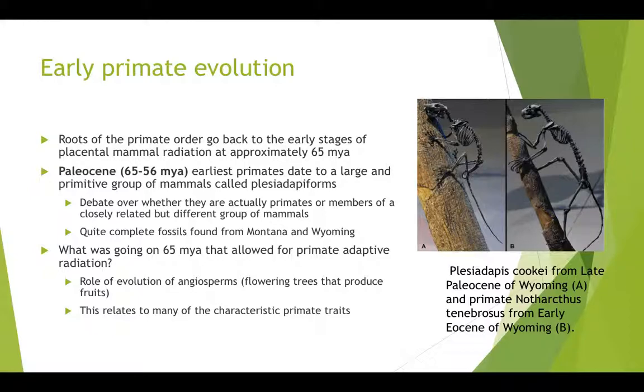There's a particular group of primitive mammals during the early Paleocene called the Plesiadapiforms that include species like modern day tree shrews, which again are small bodied, with high basal metabolic rate. They generally eat a diet that's kind of broad, includes a lot of insects.